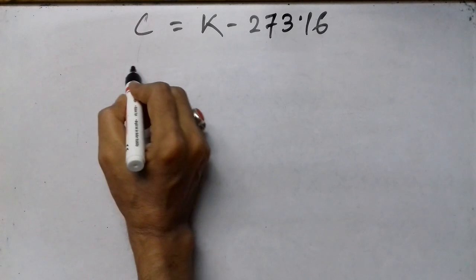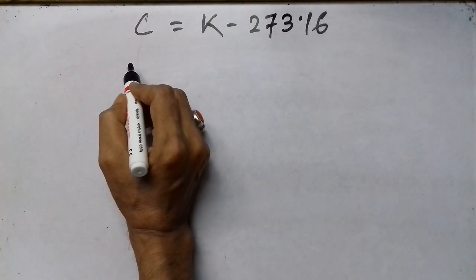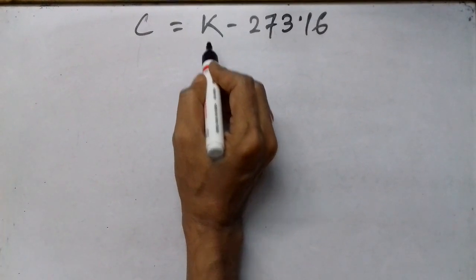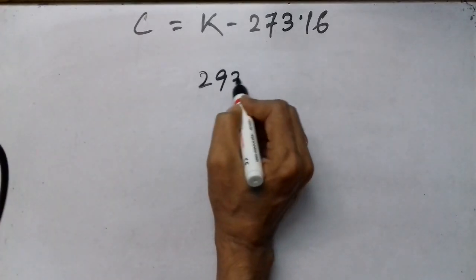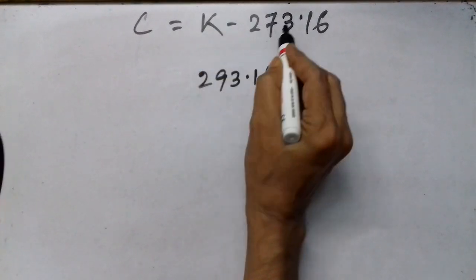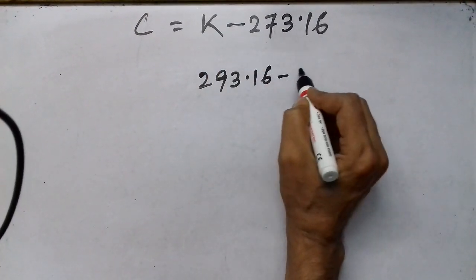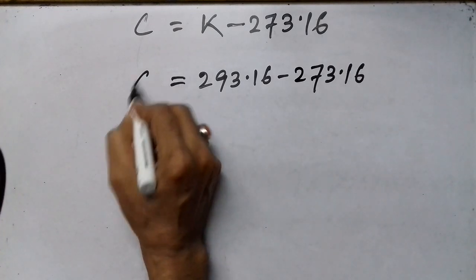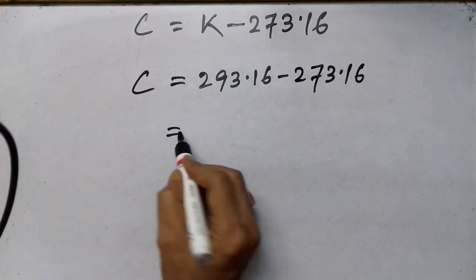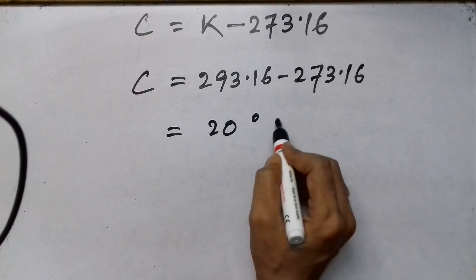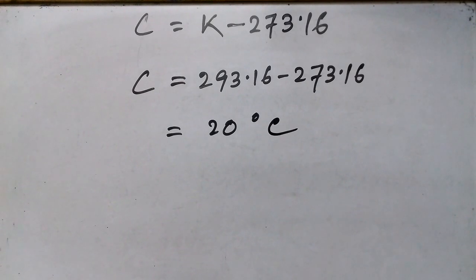Suppose the temperature is 293.16 Kelvin. So we have to subtract 273 from it to get the equivalent Celsius, and it is 20 degrees centigrade.